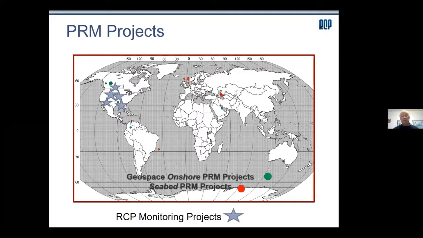So Geospace conducted permanent reservoir monitoring projects, both onshore and offshore, and we worked with them closely with our onshore projects as well. So what are permanent reservoir monitoring projects?